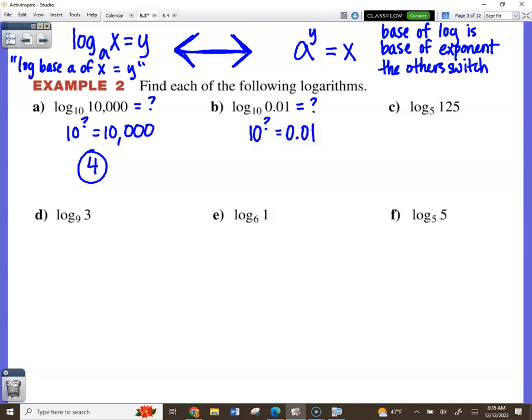So now wrap your mind around it. If 10 to the 4th is a giant number, then 10 to some negative number is going to become a small decimal, right? And that's why this is -2. Because it's saying move the decimal place two spaces.